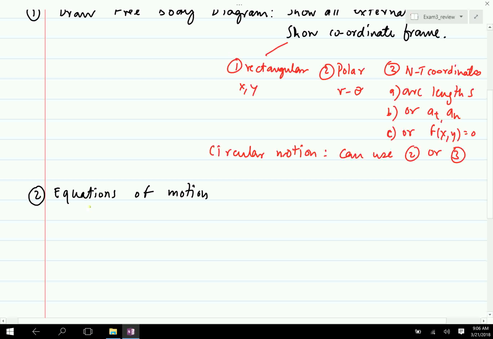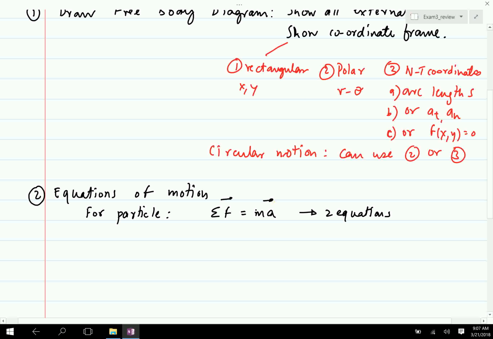So for particles, you just have two equations. F equals ma. These are two equations. Let me write this way.